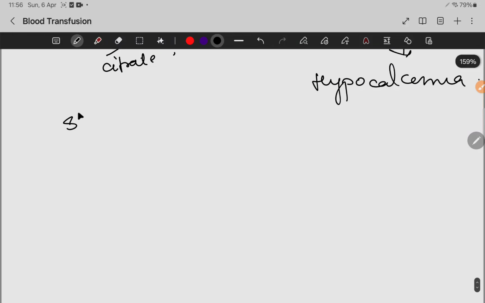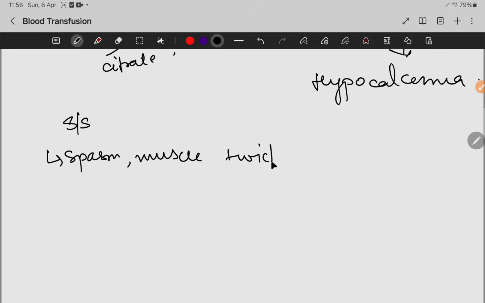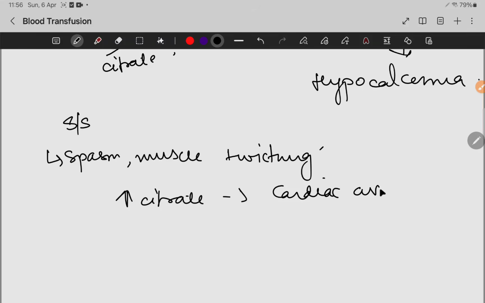Signs and symptoms include spasm and muscle twitching due to hypocalcemia, and a high level of citrate may cause cardiac arrest. How do you treat hypocalcemia? You give calcium gluconate, and for hyperkalemia you give Kayexalate.